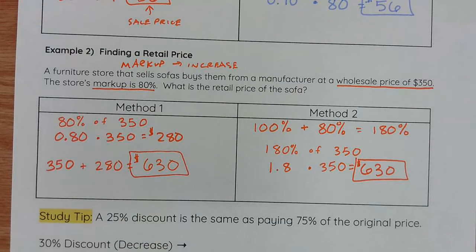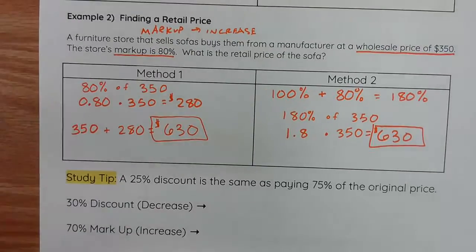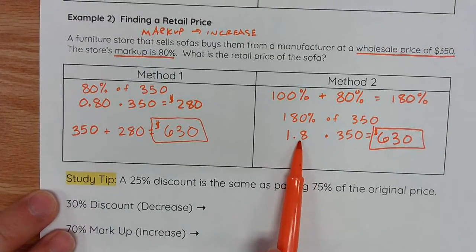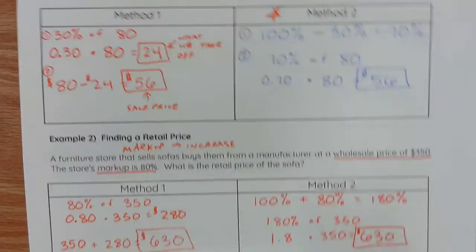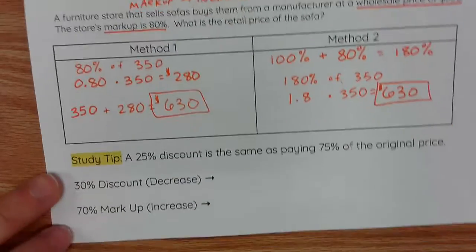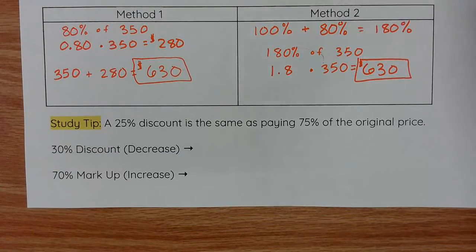All right, let's do a quick study tip, dealing with this value here and this value here. A 25% discount is the same as paying 75% of the price. That helps us determine that multiplier, what we're multiplying by in method 2.